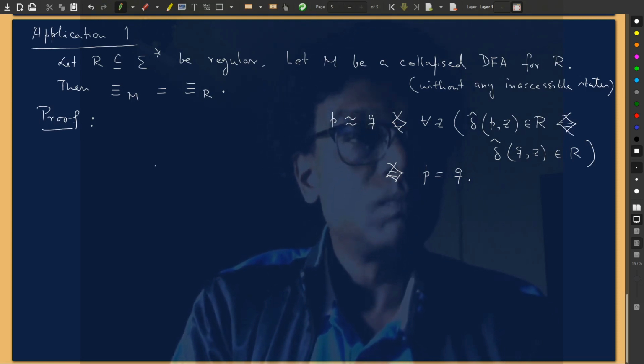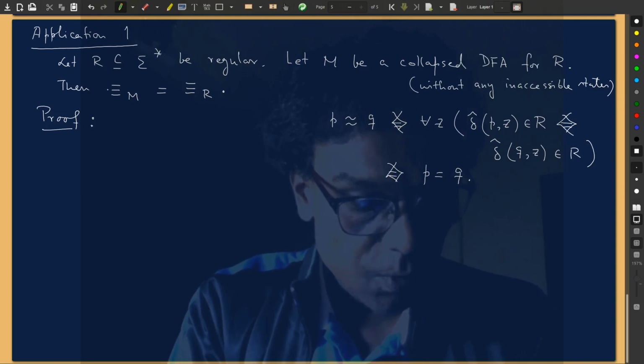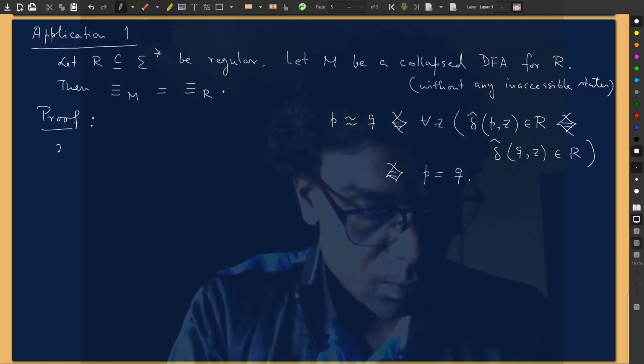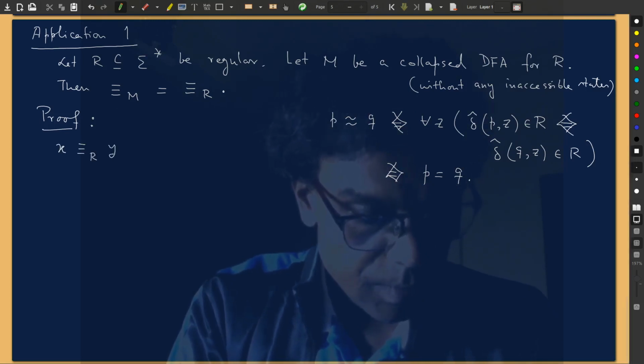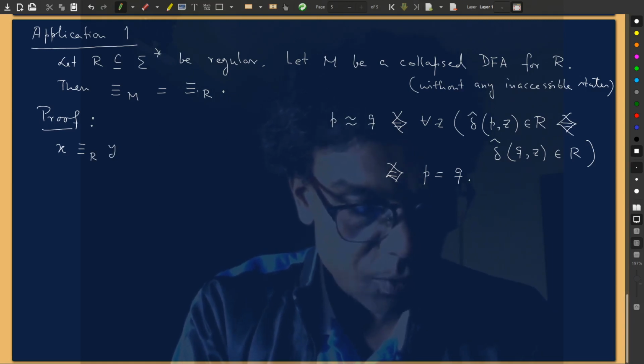So now let us prove that these two relations are essentially the same. So I start with maybe this. Take any two strings x and y. They are equivalent with respect to this. I have to show they are equivalent also with respect to this.